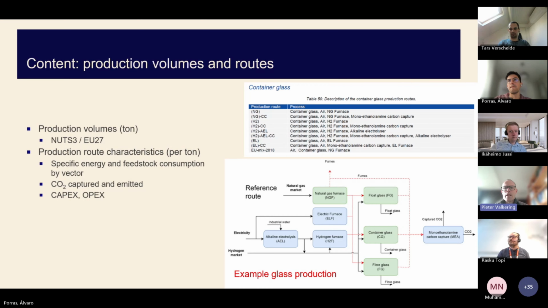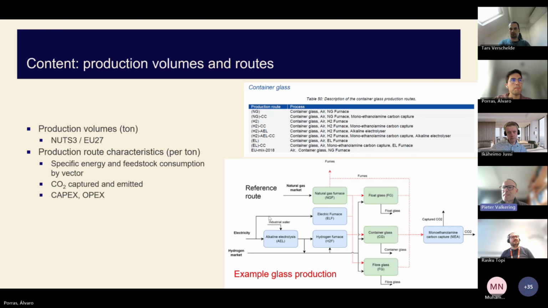So you will typically find the production routes characterized by the specific energy consumptions, by vector, the amount of CO2 captured and emitted, and also the investment and operational costs.